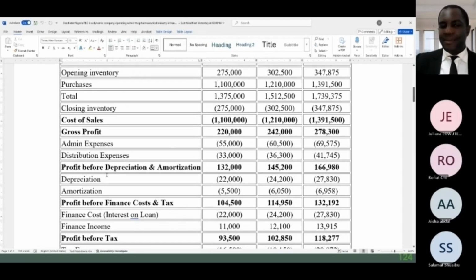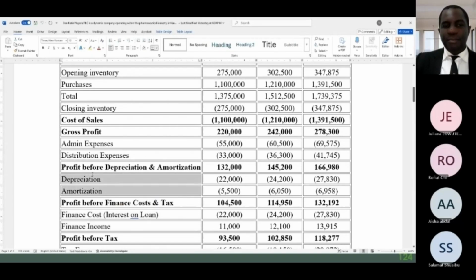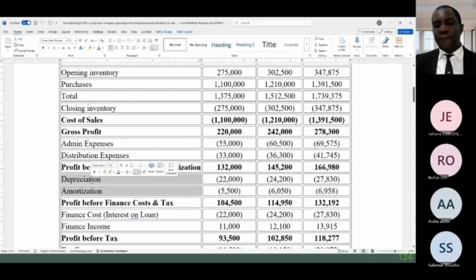That is why you have to add it back. Depreciation and amortization is a non-cash expense. Finance cost comes before the depreciation and amortization, then the tax. So you are adding it back because you don't deduct it before your finance cost and finance income.